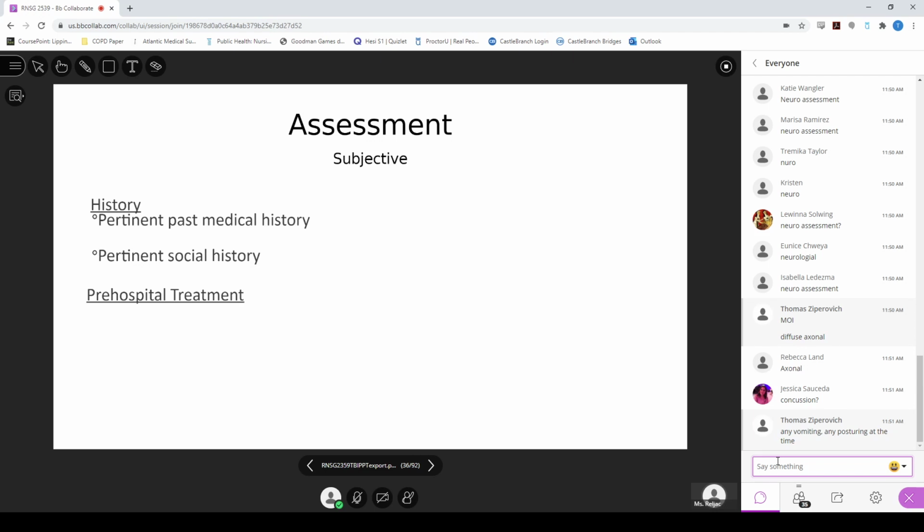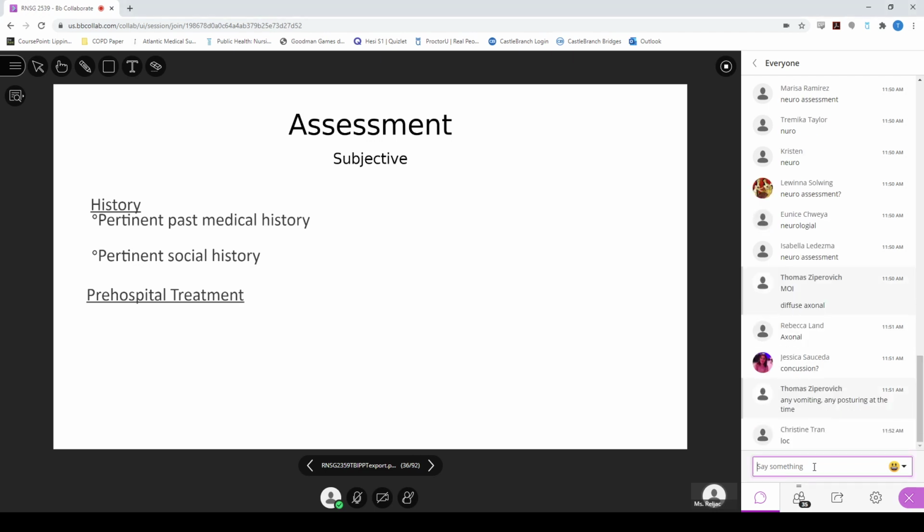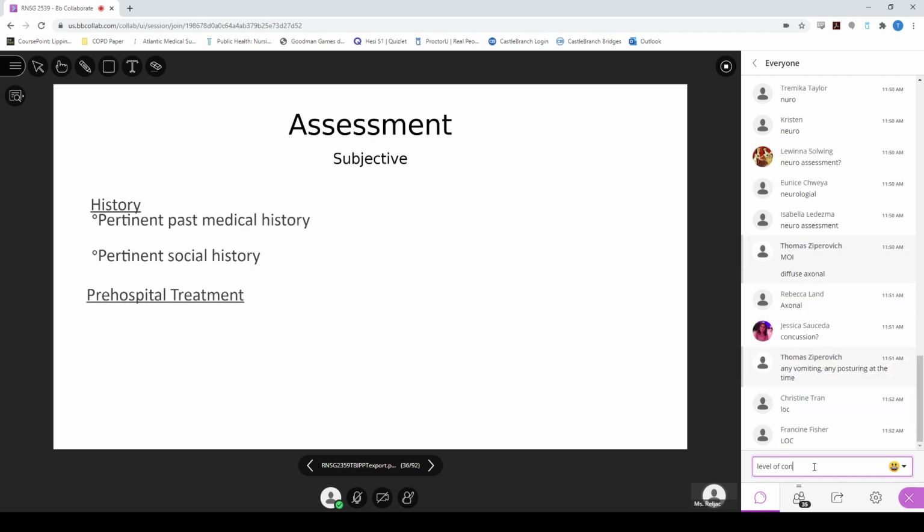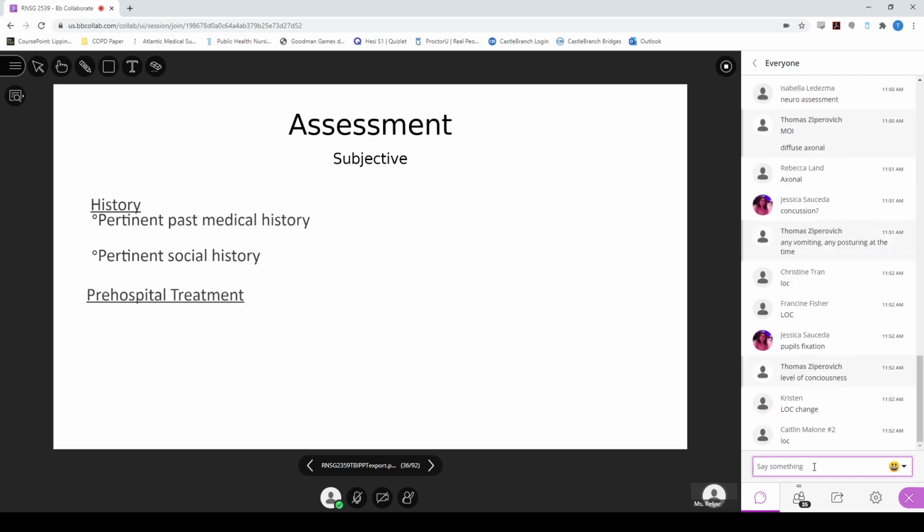And what's the most sensitive neurological indication for deterioration of a patient's condition? Yeah, their level of consciousness. And always go back to that in your assessment, the LOC. The LOC will precede all other changes in vital signs, so you'll see that change in level of consciousness before it shows in the patient's vital signs.